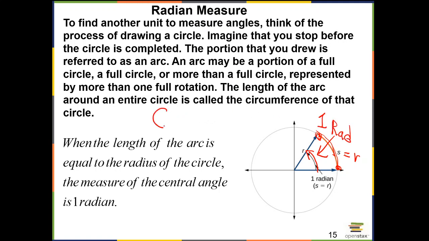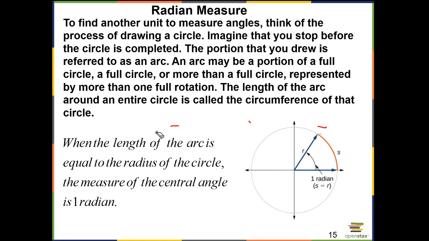People have known for a long time that one complete rotation has 2 pi radii in it. 2 pi is about 6.28, so there are 6.28 of these radii in one complete turn.